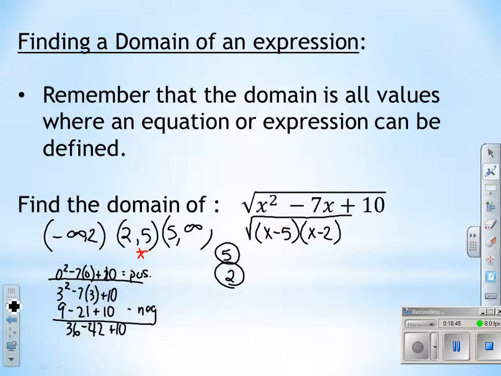We're going to have negative 6 plus 10, which is positive, and that's okay. Okay, so as long as we avoid that interval between 2 and 5, we have valid solutions. So interval notation for our final end answer, negative infinity to 2, along with or united with 5 to positive infinity. And there I think we got it.